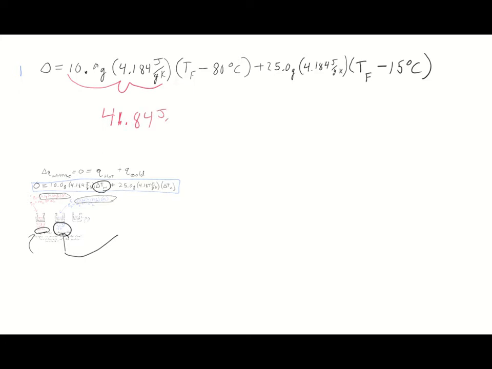41.84 joules per gram Kelvin. Actually, my grams have now gone away, so it's just joules per Kelvin, or joules per degree Celsius. Let's keep it simple.